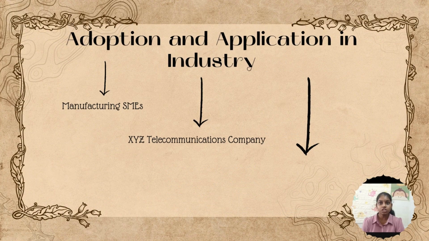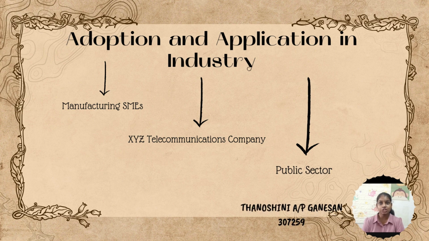In Malaysia, the adoption of activity-based costing, ABC, has been progressively expanding across multiple sectors, beginning with the manufacturing industry. A study focusing on Malaysian small and medium-sized enterprises (SMEs) revealed that although only 70% of manufacturing firms had implemented ABC, those that did reported significant benefits.